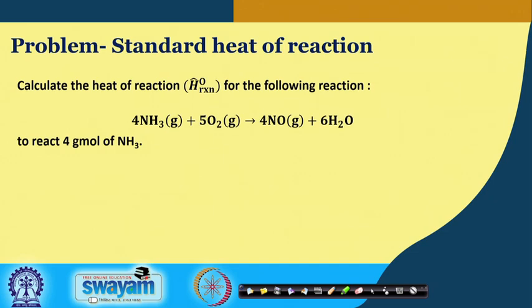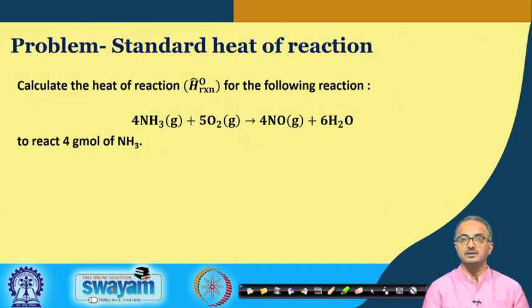So, we go to the first problem, and in this problem we are required to find the standard heat of reaction. Please note that there are various types of enthalpies or heat associated with different types of reactions. These could be chemical reactions, or combustion of some fuel, which involves the reaction of oxygen with the fuel.